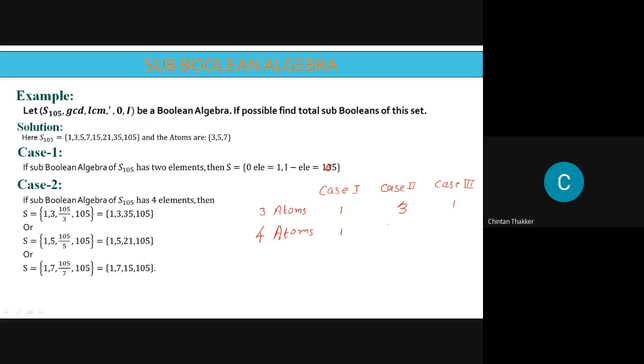In case 2 we have 4 plus 3, 7 sub-Boolean algebras, and in case 3 we have 6 sub-Boolean algebras.